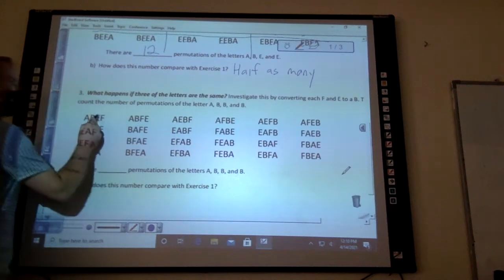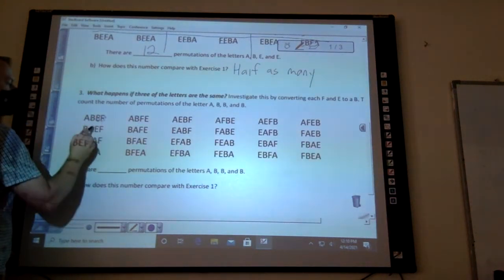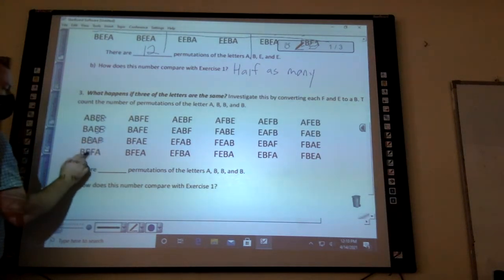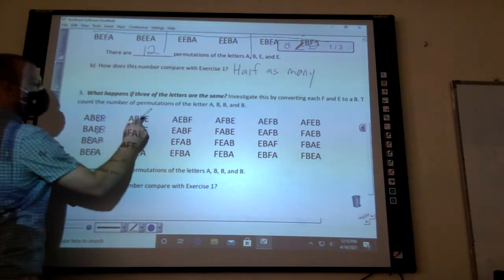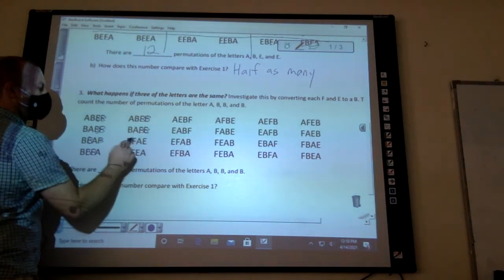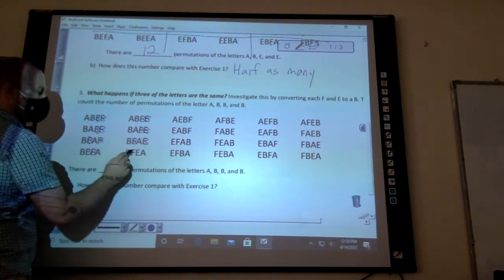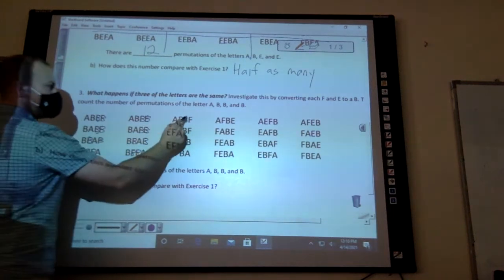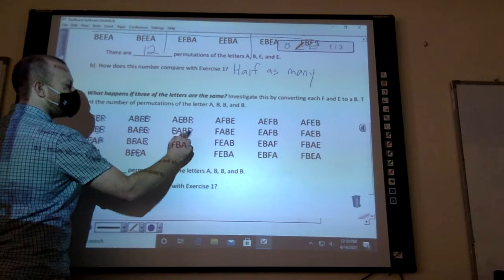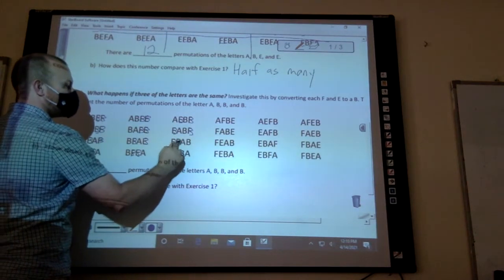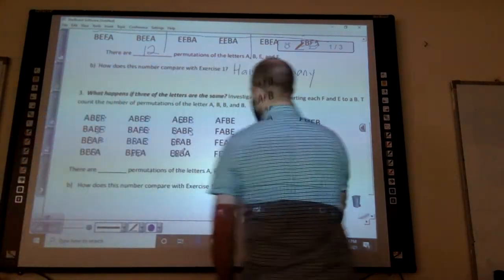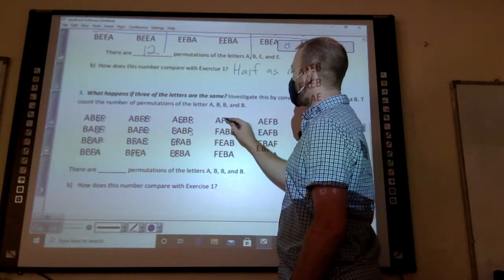Change this to B, B, and go through all of this. See if you can see where all my identical permutations are. Do you notice a pattern somewhere? Are there some rows or columns that are the same?